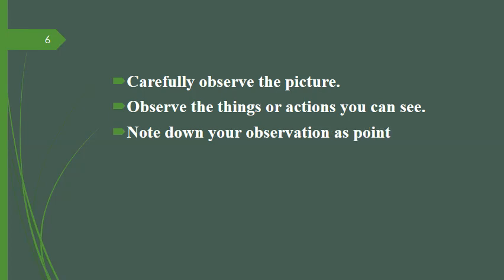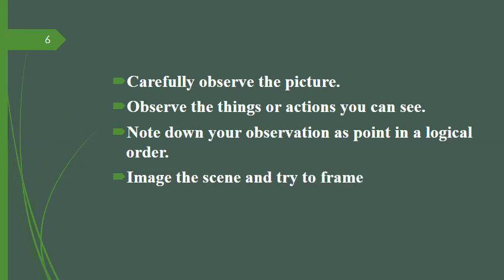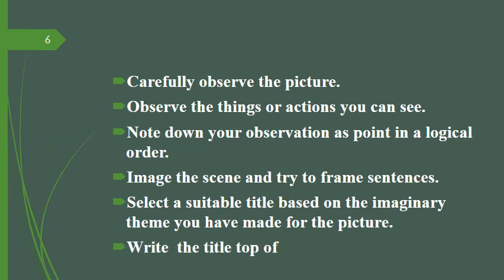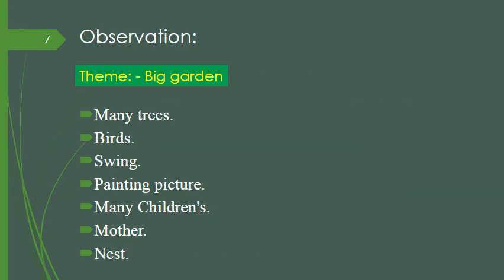Note down your observations as points in a logical order. Imagine the scene and try to frame sentences. Select a suitable title based on the imaginary theme you have made for the picture. Write the title at the top of the paragraph as a heading.